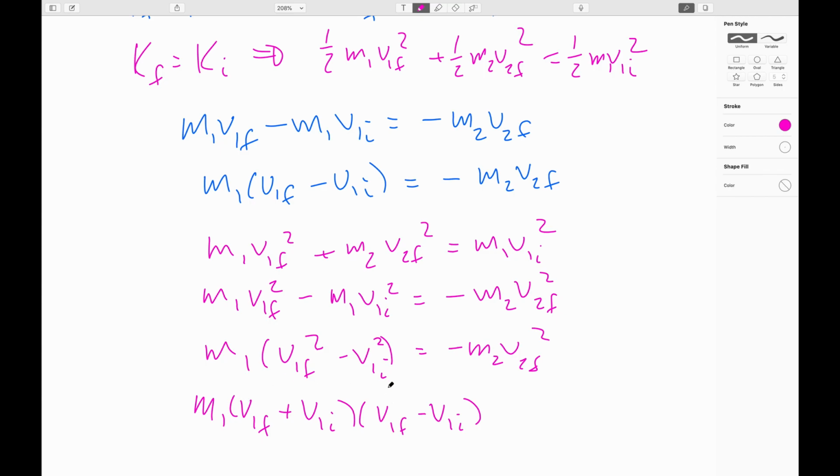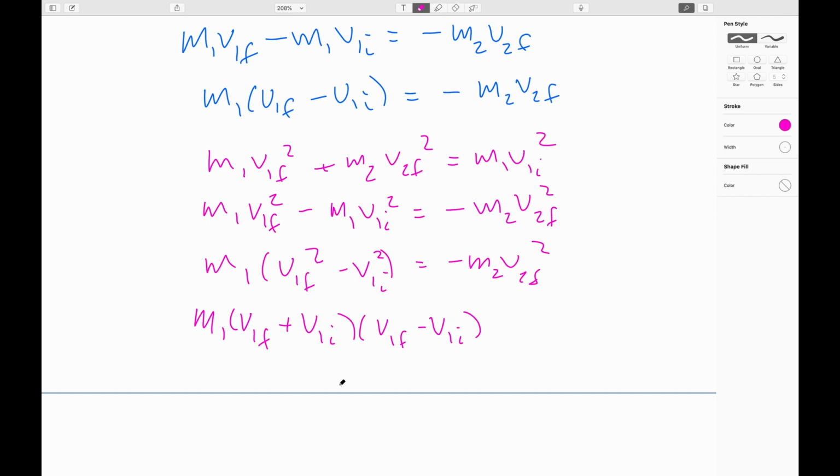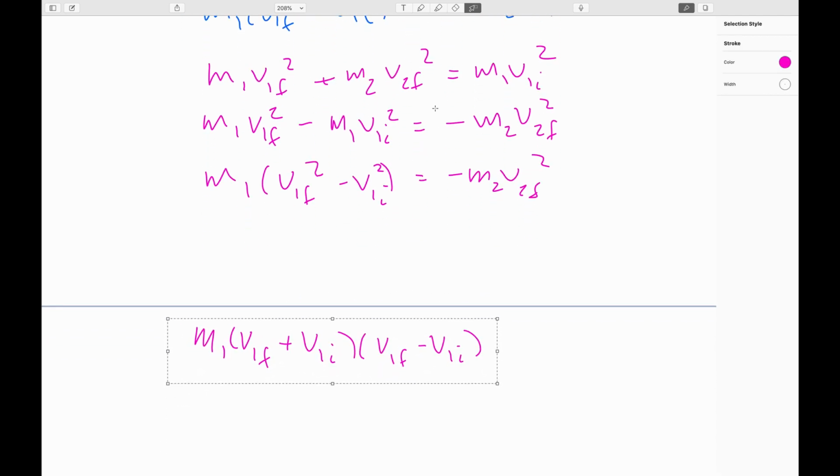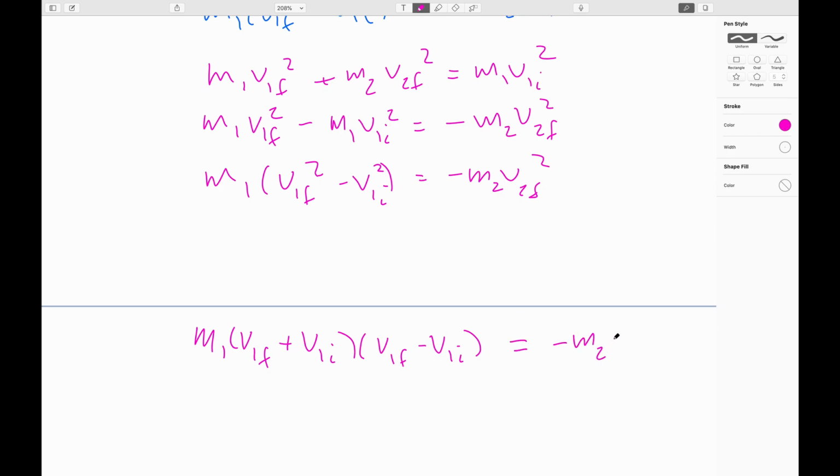First, V1 final squared; outer, V1 initial squared with a minus sign; inner, plus V1 initial V1 final; last, minus V1 initial V1 final. Hey, those last two terms cancel, so it does indeed work. Let me slide this down just a little bit. Okay, good. So that will equal minus M2 V2 final squared.